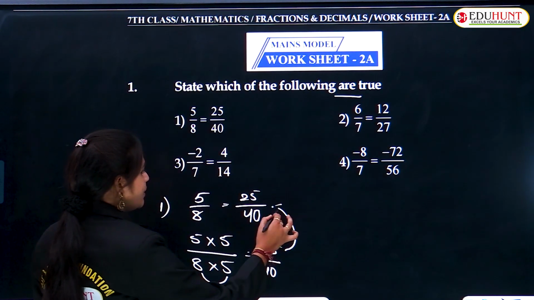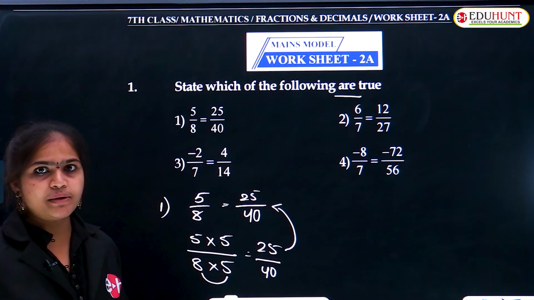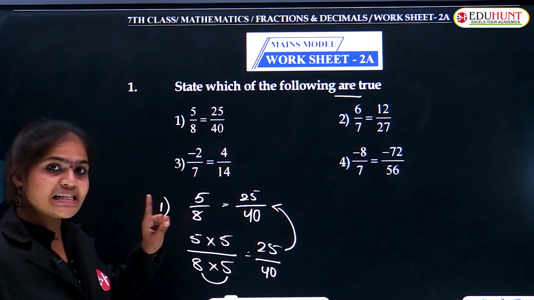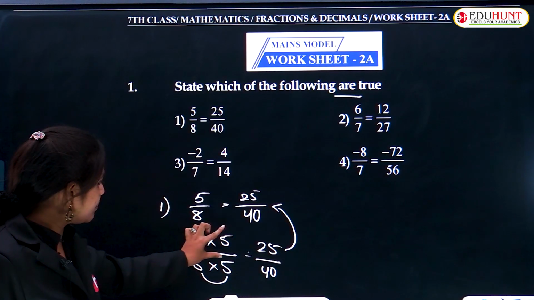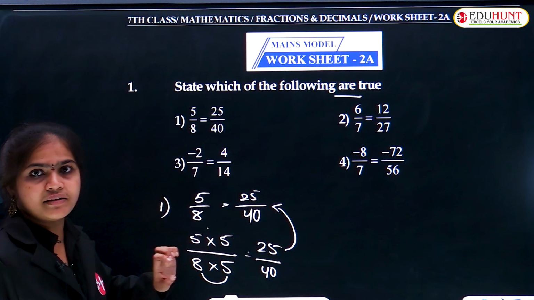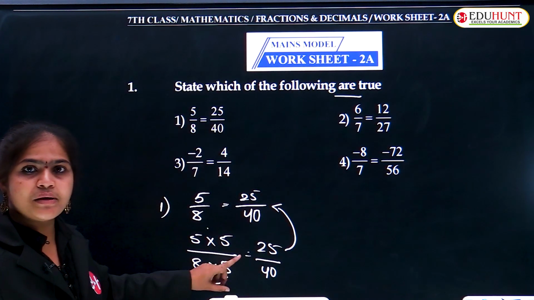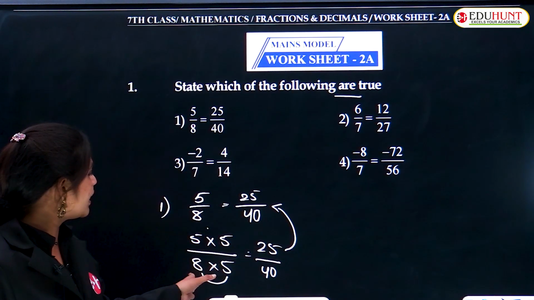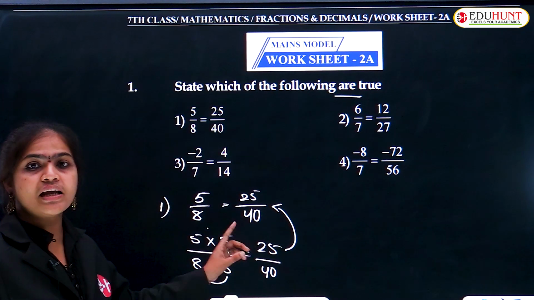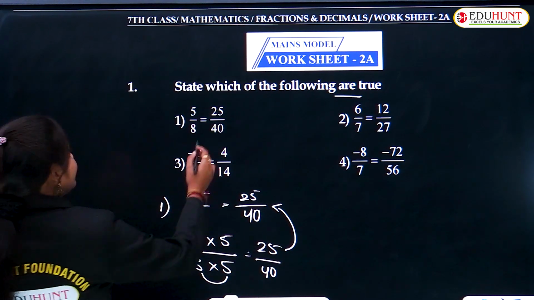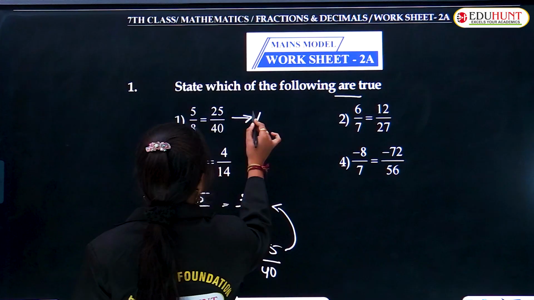So we got the same number, 25 by 40. Both numerator and denominator are multiplied by the same number, so we can say these two are equivalent fractions. Then this is a true statement.